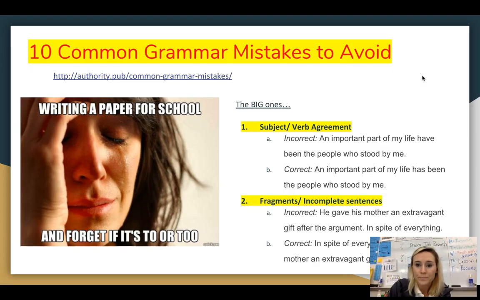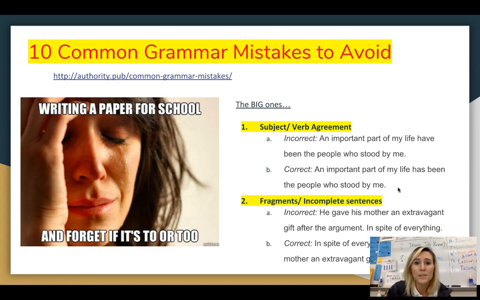Subject-verb agreement. People might say, an important part of my life have been the people who stood by me, but that would be wrong. The correct version is, an important part of my life has been the people who stood by me. If that sounds wrong to you, it's probably because when people speak, they don't really follow those rules of subject-verb agreement.